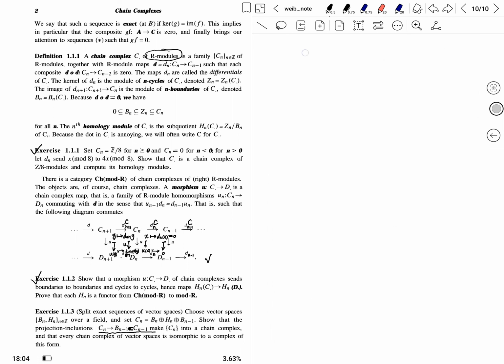Let's repeat this example here. Here's this derivative. Let's call this Cn and call this Cn plus 1, Cn minus 1, and minus 2.